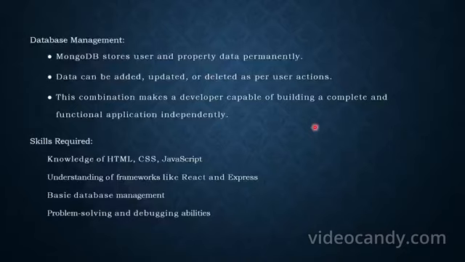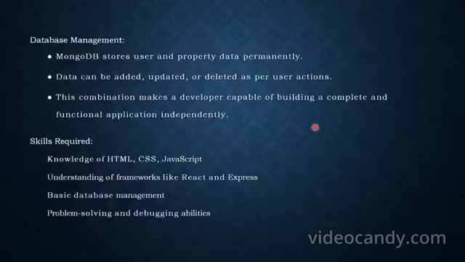MERN stack. This MERN stack includes MongoDB for the database, Express.js as the backend framework, React.js for front-end UI/UX, and Node.js for the server. Using a single language, JavaScript, across the entire application made development faster and more efficient.